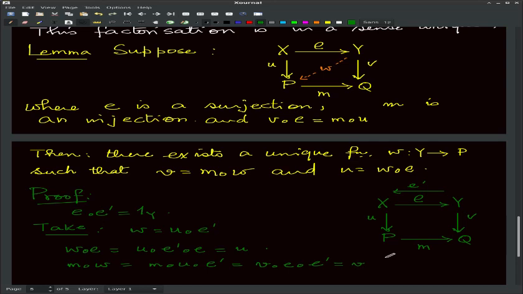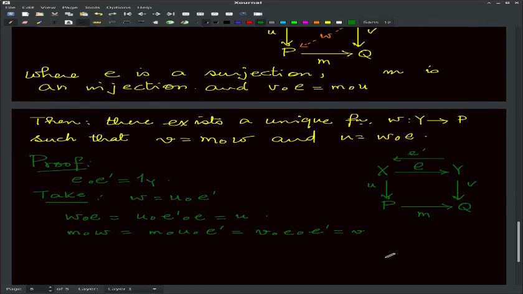Now the question is, why should this be unique? There is no way, because we know already by this time that there are several ways, the right inverse E prime is not unique. That's true. But we have something more.